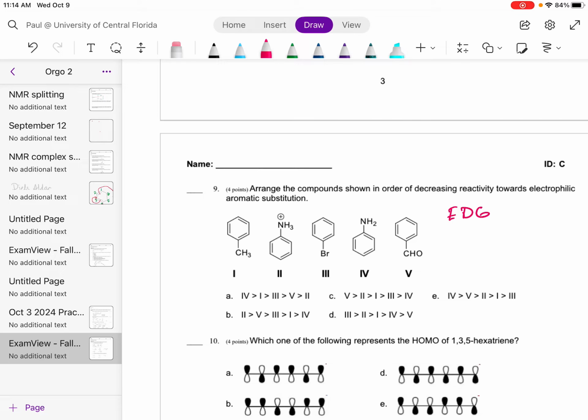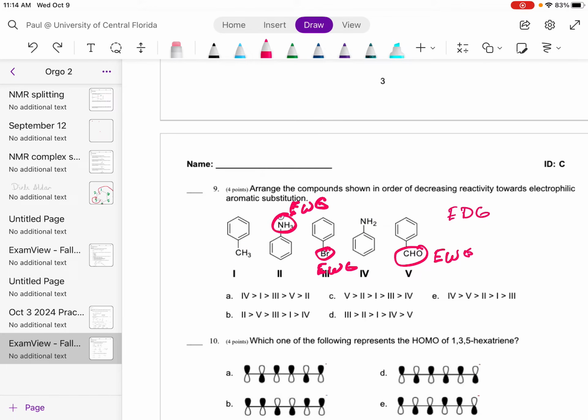And so when we take a look at these, we can identify that as an electron withdrawing group. That's an electron withdrawing group. Okay. Halogens are electron withdrawing groups. And then the amine and the methyl are electron donating groups.